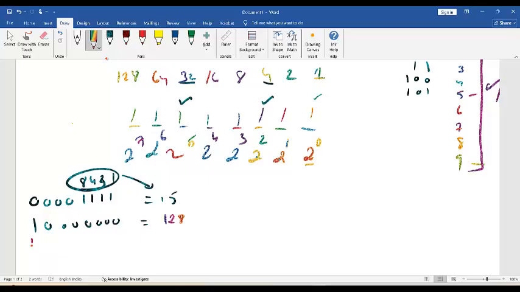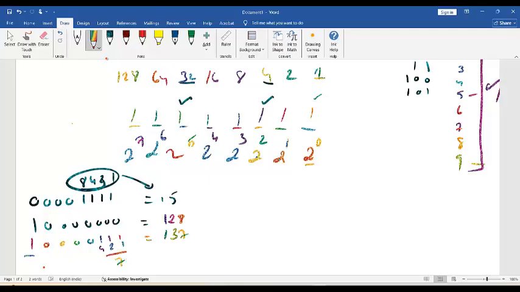Okay. Now 1, 0, 0, 0, 0, 1, 1, 1. What do you get? 135. Exactly. 135. Because this is 1, this is 2, this is 4, which gives you 7.